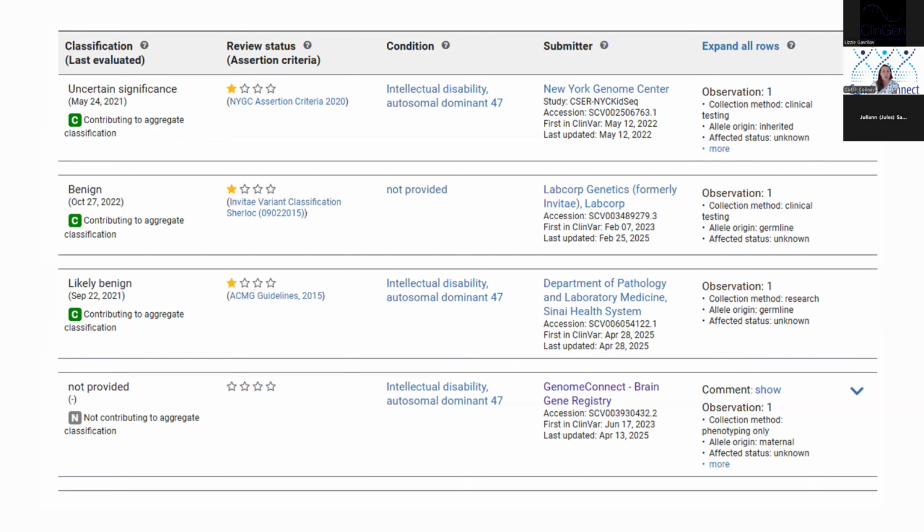What we do is provide some additional contact information. In this screenshot, we can see that there are 3 labs that have submitted this information, and we can see our GenomeConnect submission as well.